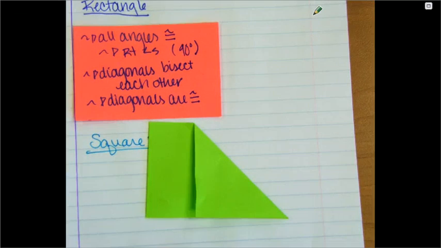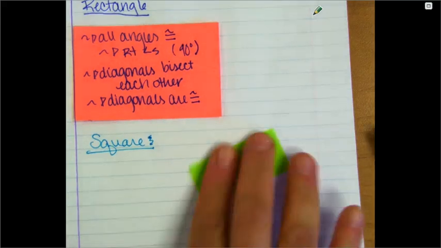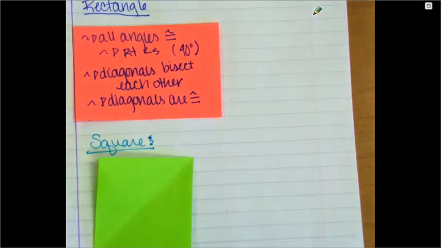If you want to draw a line, you can. If you want to just cut it evenly with your scissors, you can. And which piece are you going to keep? The part you folded. Because this is now a little rectangle. We don't need that rectangle. We need this piece, which is the square.